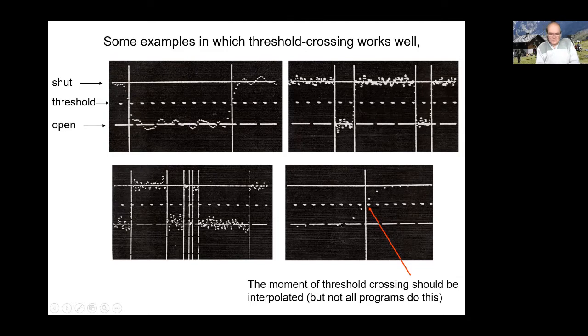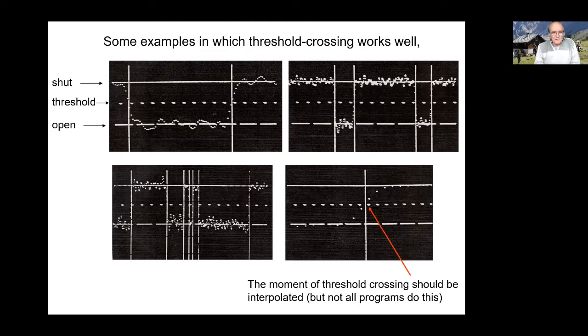Now, what you should clearly do is a quick linear interpolation to find the time point at which it crosses the threshold. Some programs don't bother to do this. They just count the number of points beyond the threshold, and that produces values which are all rounded to a multiple of the interval between the samples.